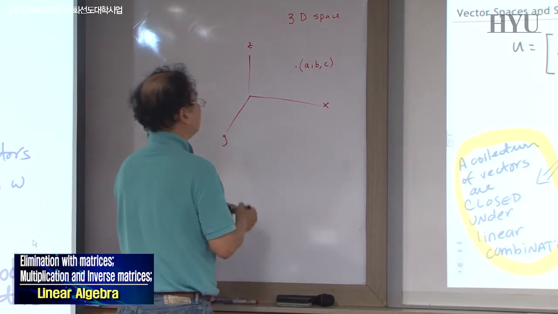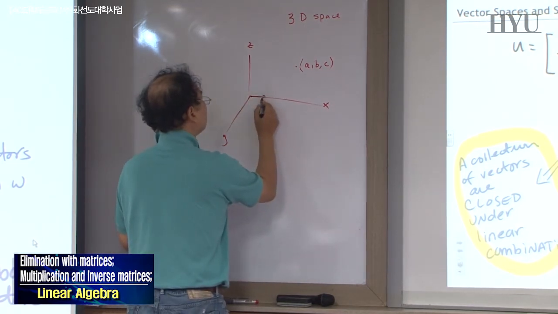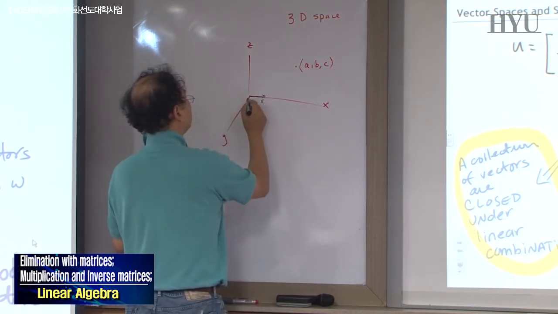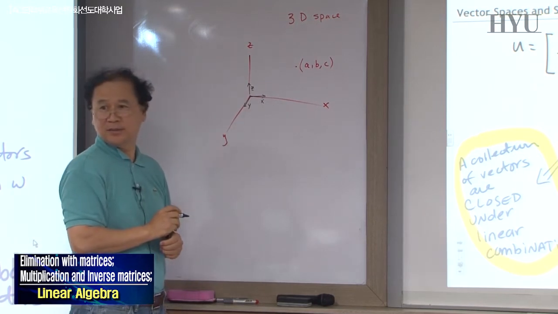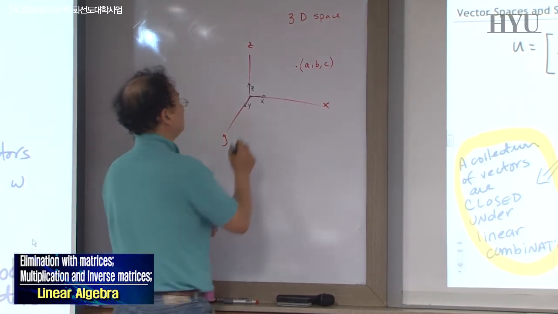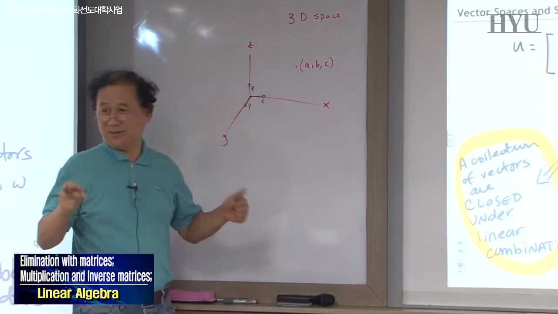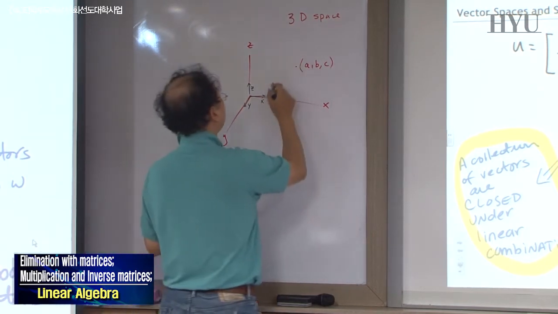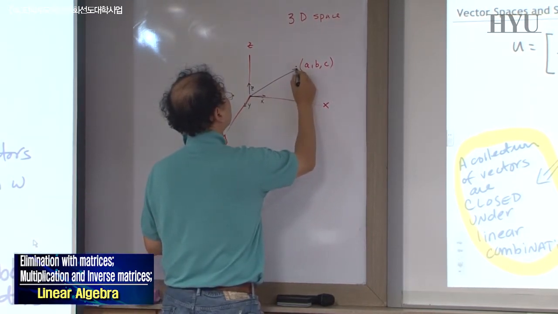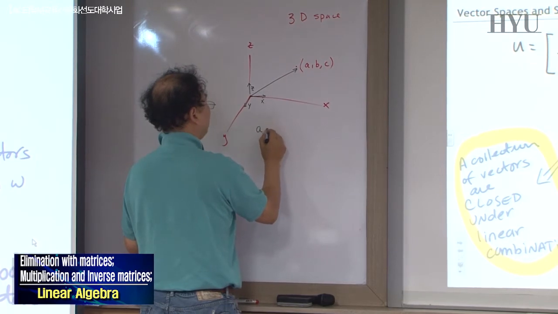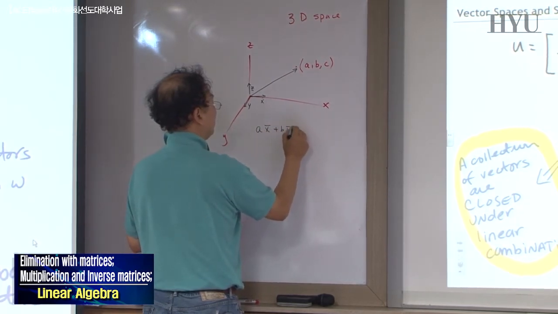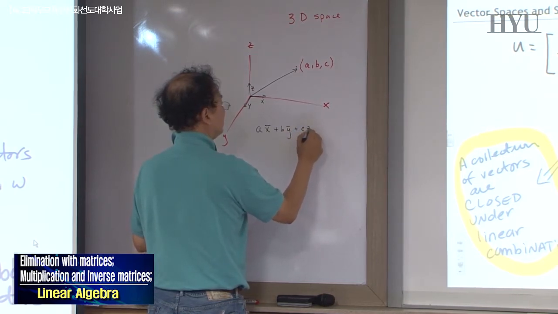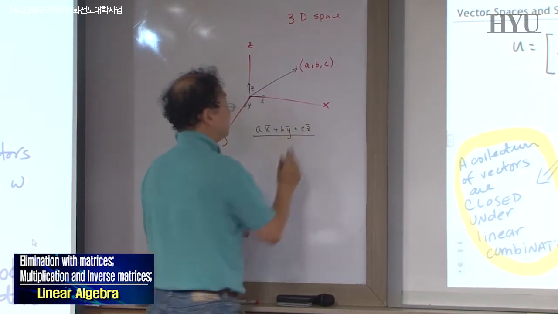Or you can say this is the X vector, this is the Y vector, this is the Z vector, right? Assuming the unit is 1. So that means it's A, B, C, whatever, what's the vector of this? This one is A times the X vector, plus B times the Y vector, plus C times the Z vector, right? That's the way you can represent this point, right?